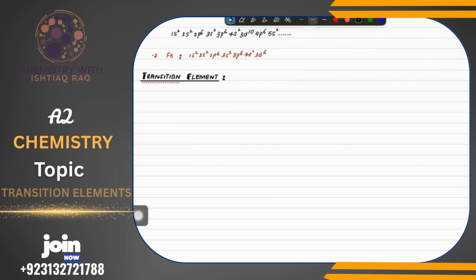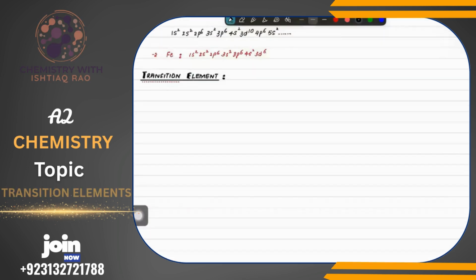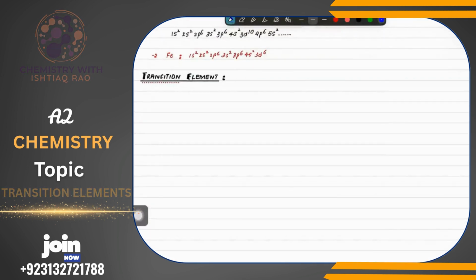We can define transition elements as those elements that are going to have unpaired electrons in their ionic state. In their ionic state. Okay.